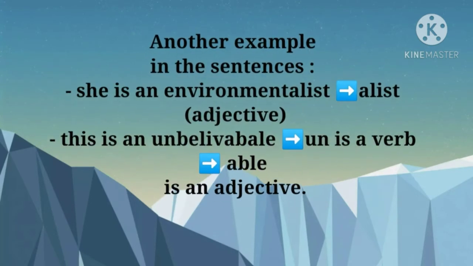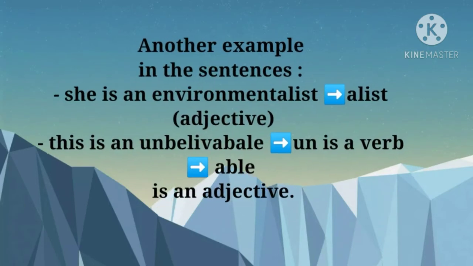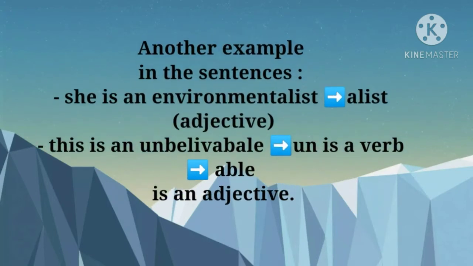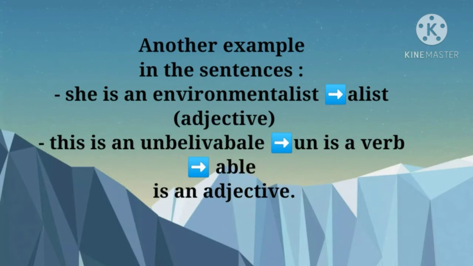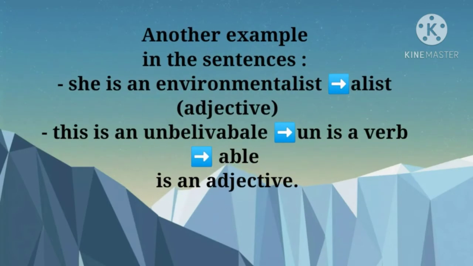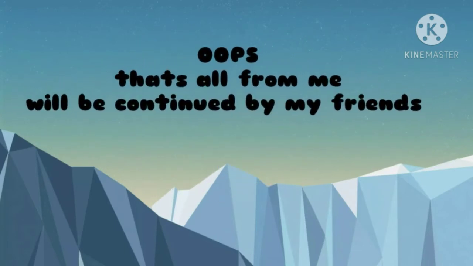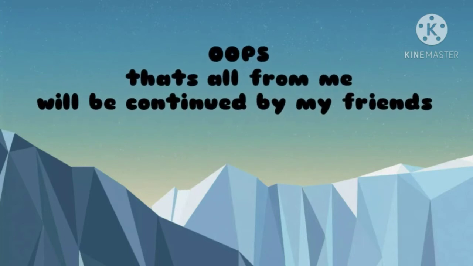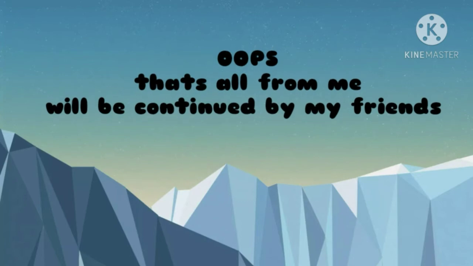Here there are two derivations, at the beginning and at the end. At the beginning is un, and at the end of the word is able. It is adjective derivation. Unbelievable is from the word belief. Okay, that's all from me. And now we move to my friends. Thank you.